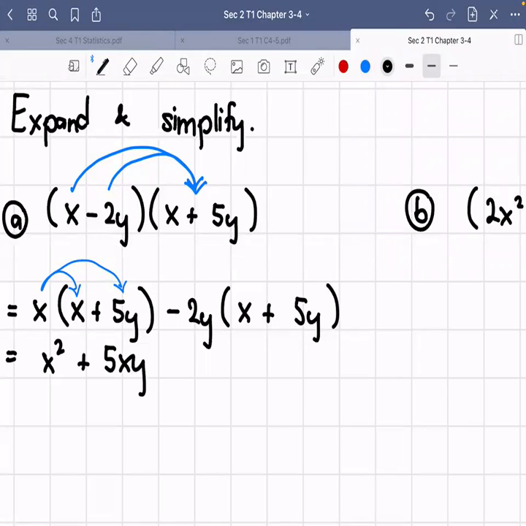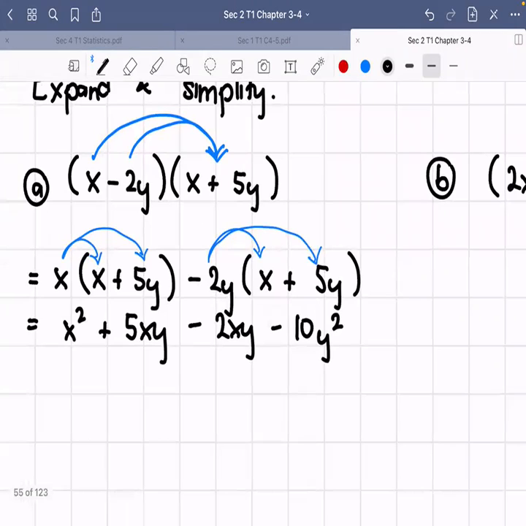And then for the next one, negative 2y times x will give you a negative 2xy. And then lastly, negative 2y times 5y is equal to negative 10y squared.